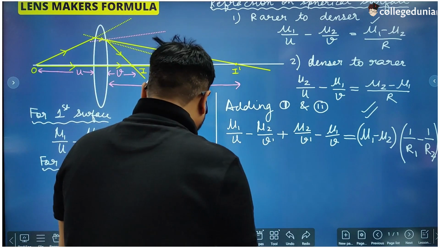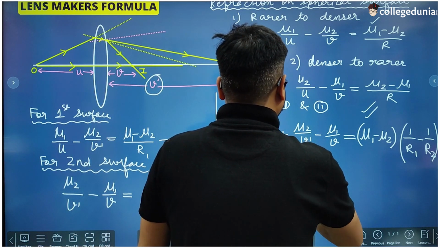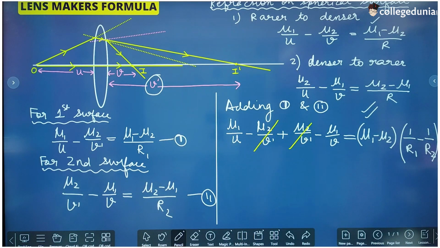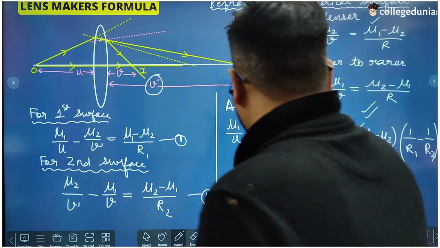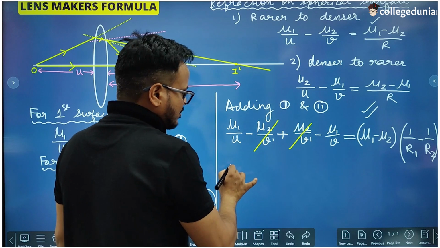So now let's cancel these two terms which have v dash, and just solve the final result, and we will get the Lensmaker's formula.